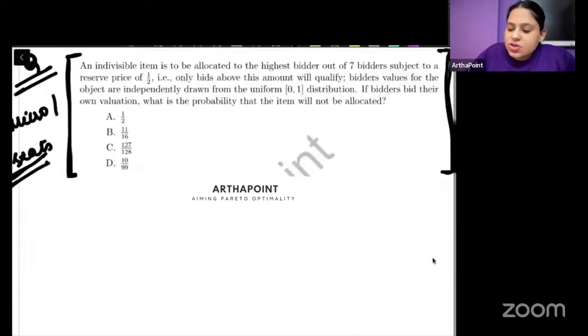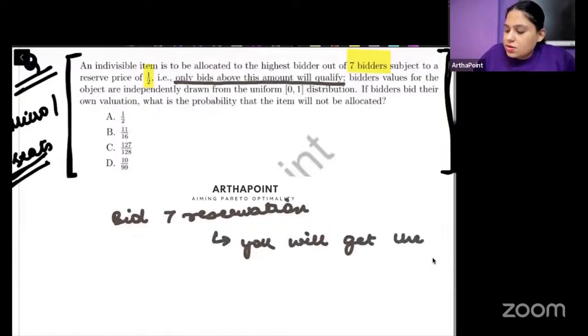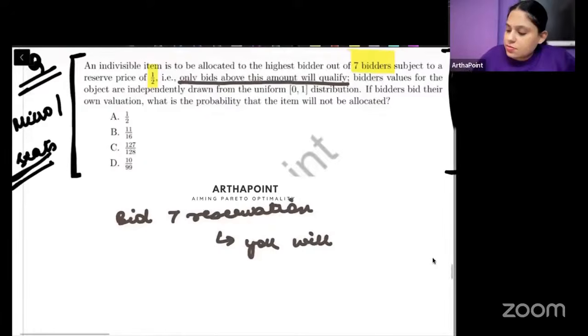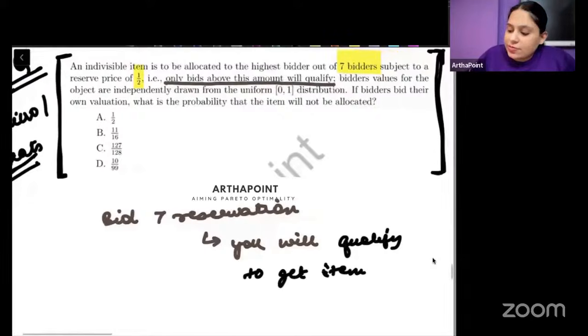An indivisible item is to be allocated to the highest bidder out of 7 bidders, subject to reservation price. Reservation price means only bids above this will qualify. That is, if your bid is above the reservation price, then you will qualify to get the item.